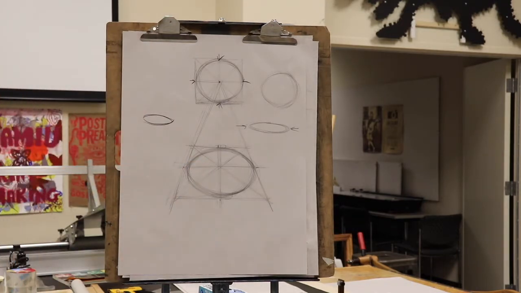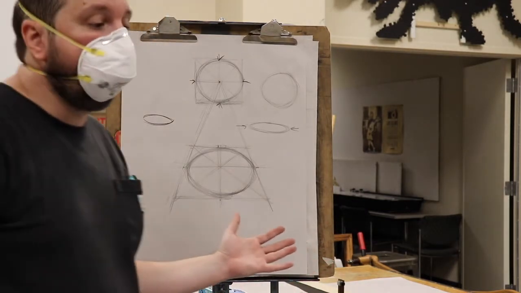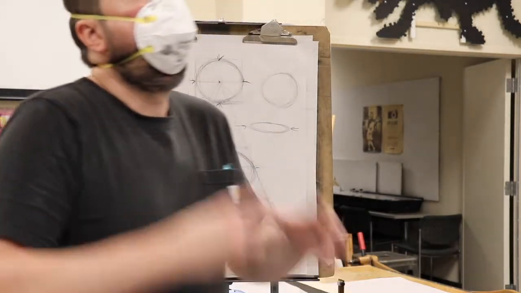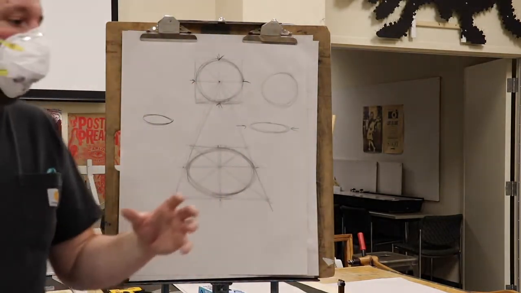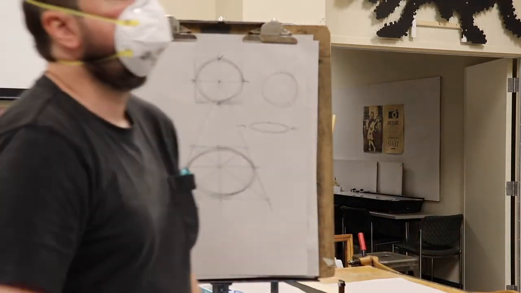Now, most objects that you're going to draw fall into two categories, really. You're going to have architectural shapes, that's cubes and cylinders, and then organic shapes, like trees and earth formations. Even organic shapes can be broken down into geometric shapes, like the human body.